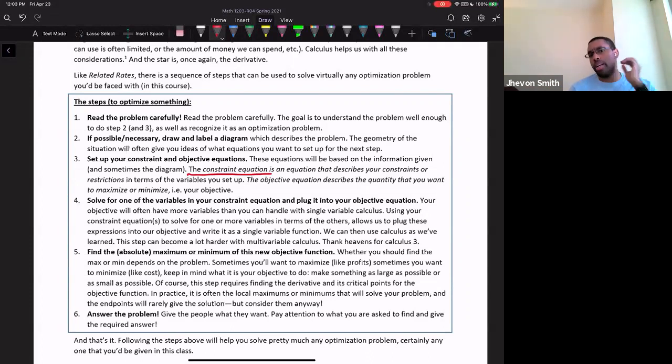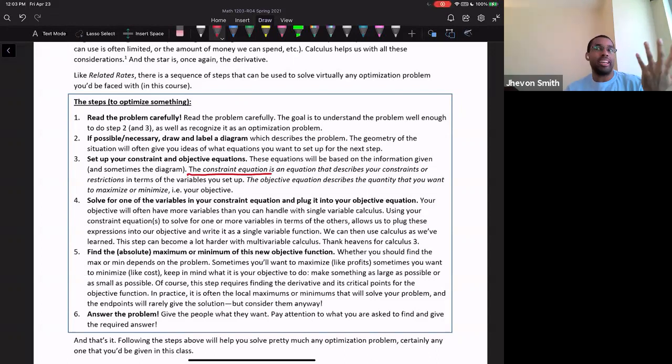Normally, the constraint is going to be the one whose value is given to you. So to go back to the profits example, they would say something like, oh, you want to maximize profit, but you only have 500 employees. The fact that they gave you that number 500 tells you, oh, that's a limit. That 500 is very important.